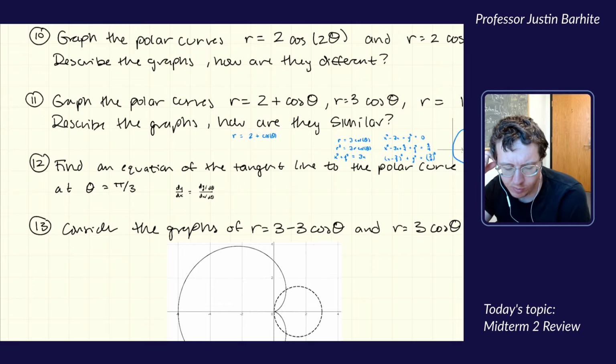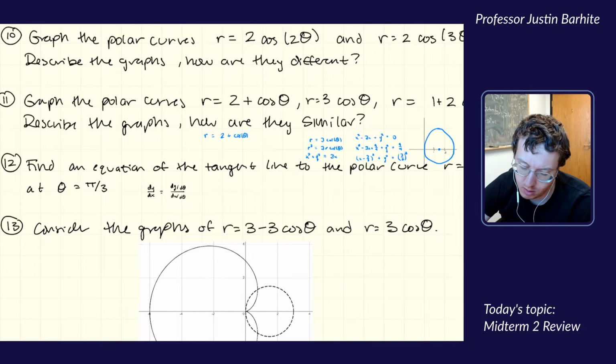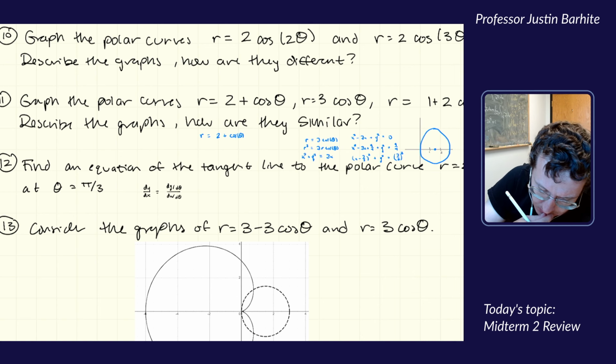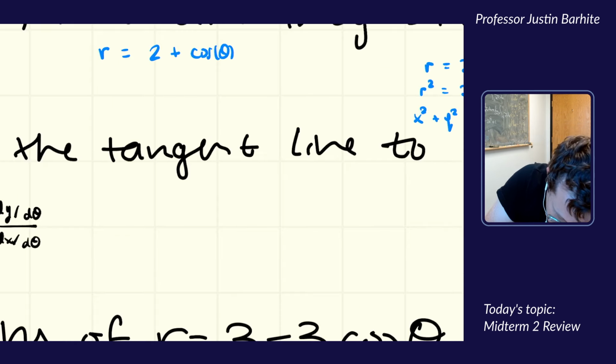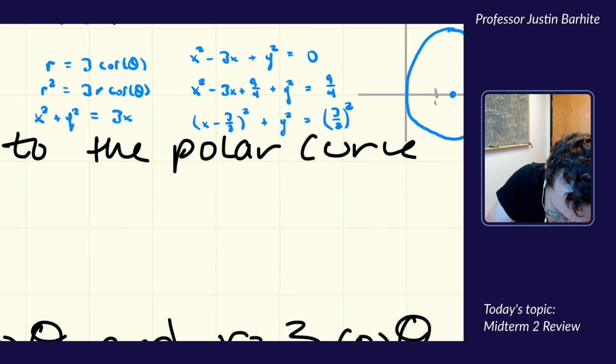Now we don't have y and x, but we can come up with them. So we know that r is 2 cosine theta.